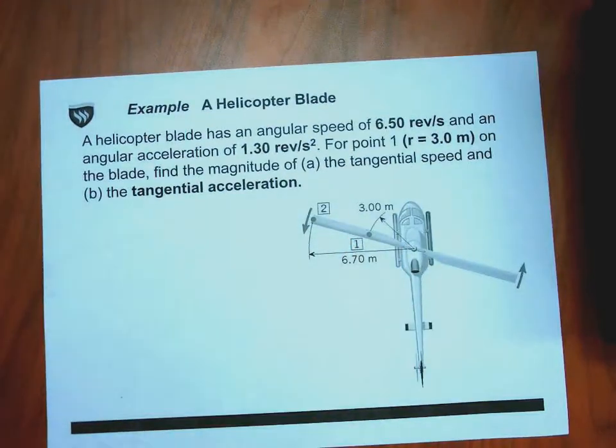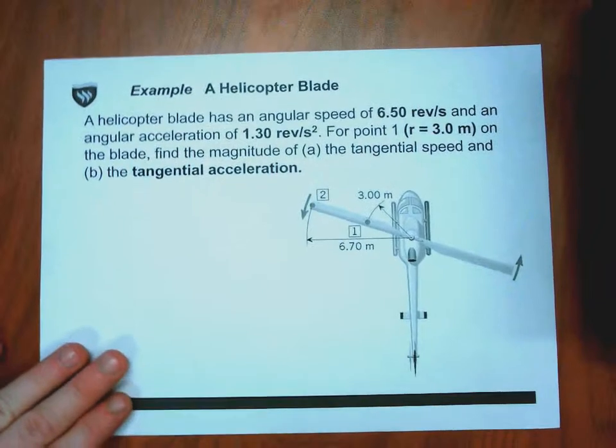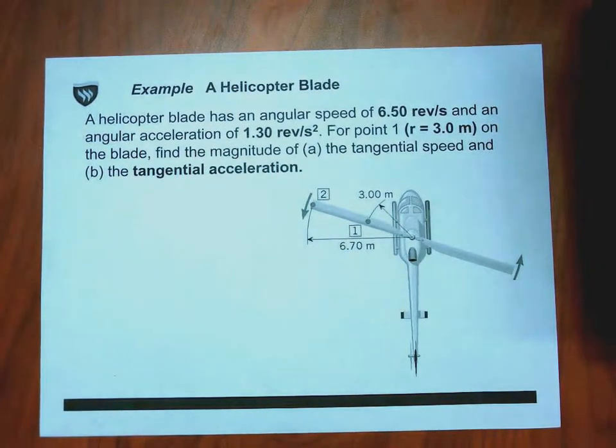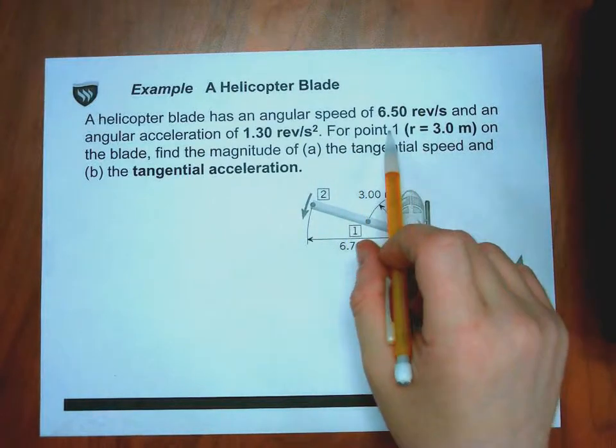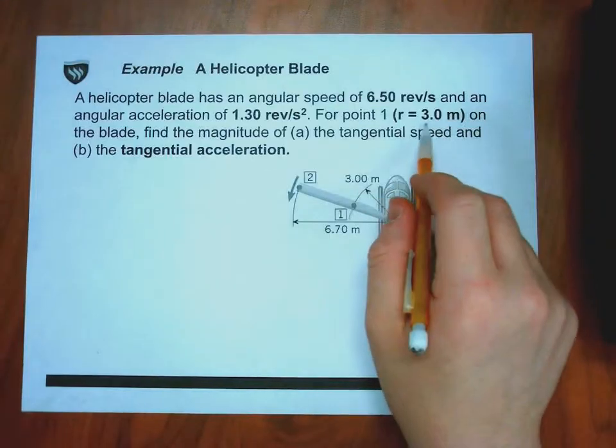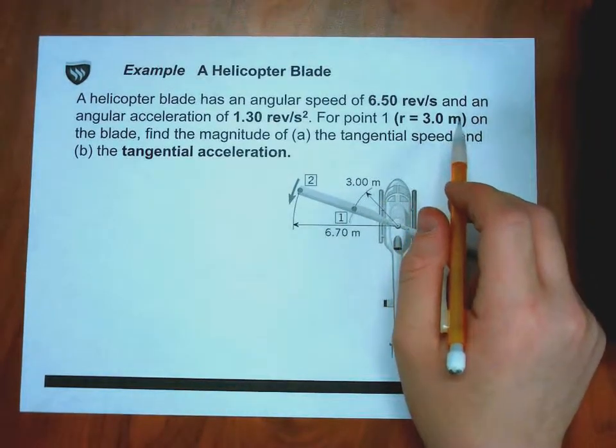All right, helicopter blades. We have helicopter blades rotating at an average speed of 6.5 revolutions per second and an angular acceleration of 1.3 revolutions per second squared, and the question relates to point 1 here, which is 3.0 meters on the blade.